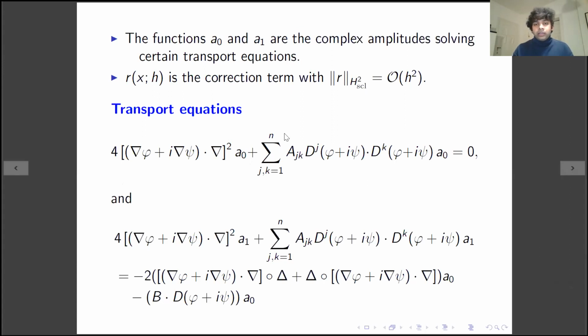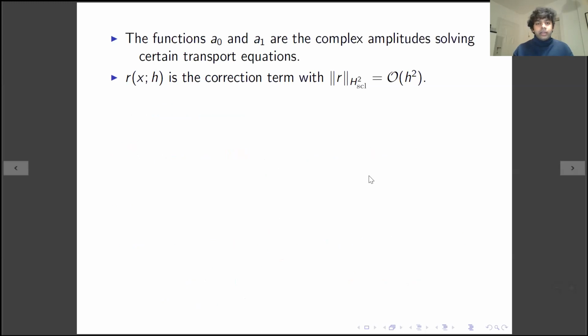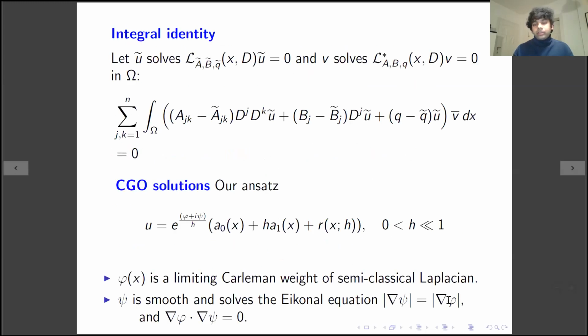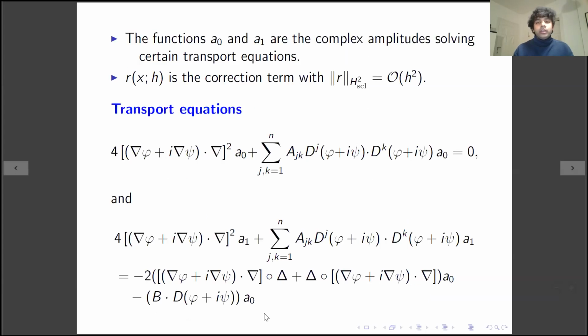Then this entire term will be 0, because A is outside, and you have grad phi plus i grad psi dot grad phi plus i grad psi. And due to the fact that we have mod of grad psi equals mod of grad phi and grad phi dot grad psi equals 0, we just end up with this transport equation.